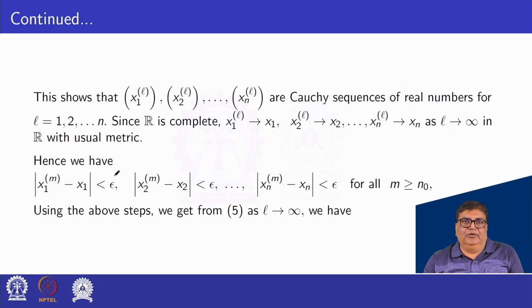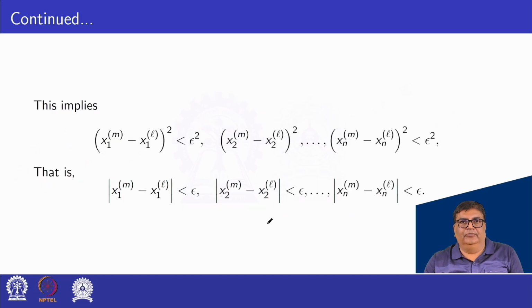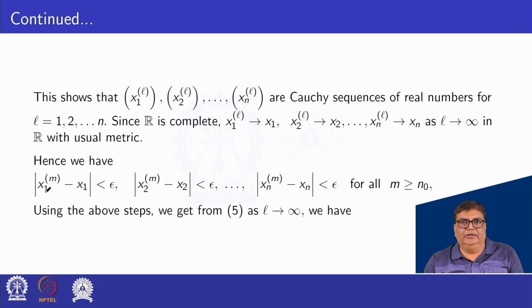Hence, we have |xm1 − x1| < epsilon, |xm2 − x2| < epsilon, and so on, |xmn − xn| < epsilon for all m greater than or equal to n0, because xl1 converges to x1, xl2 converges to x2, and xln converges to xn.